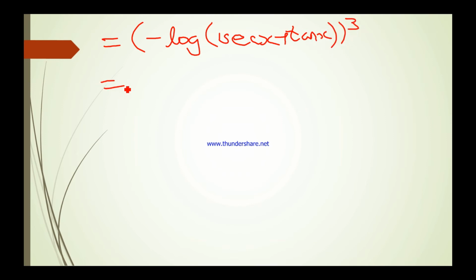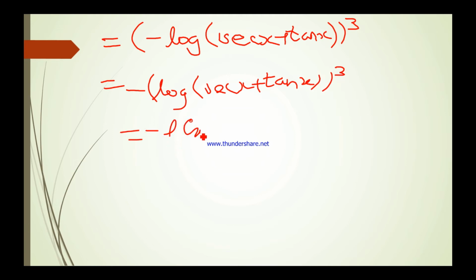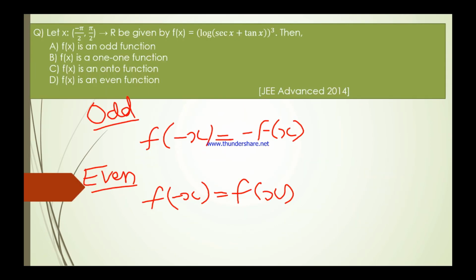So we can write it as minus 1 the whole cube, which will become minus of log of (sec x plus tan x) the whole cube, which is equal to minus of f of x. Therefore this is an odd function. So we proved that f of x is an odd function.